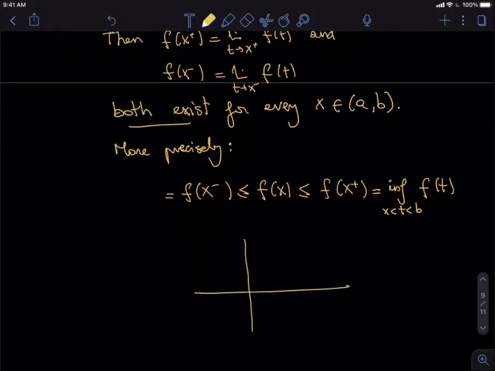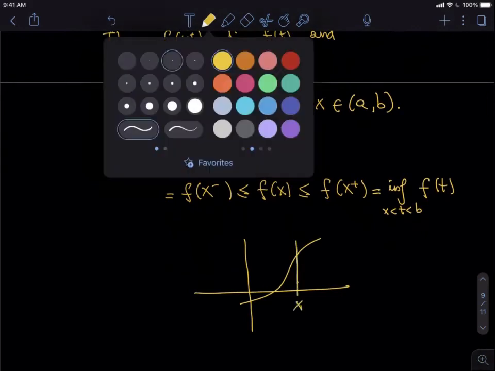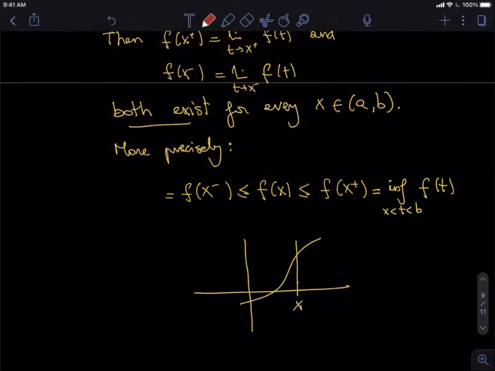So let's say we have some increasing function here, and we have our x, and then we see clearly here when we approach x from the right that the lateral limit is the infimum of all f(t) with t bigger than x. You see? So this would be t1, t2, and so on.